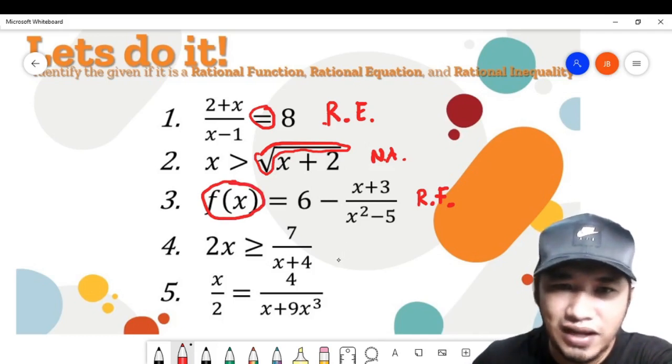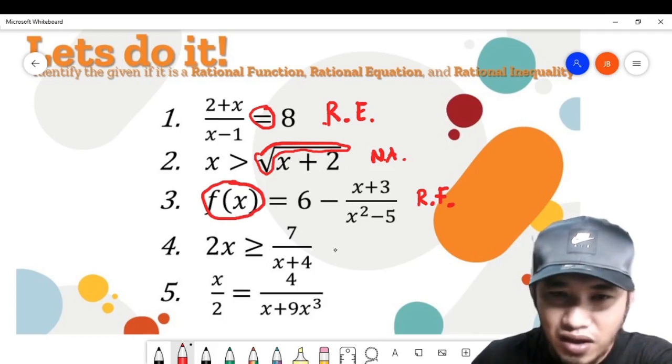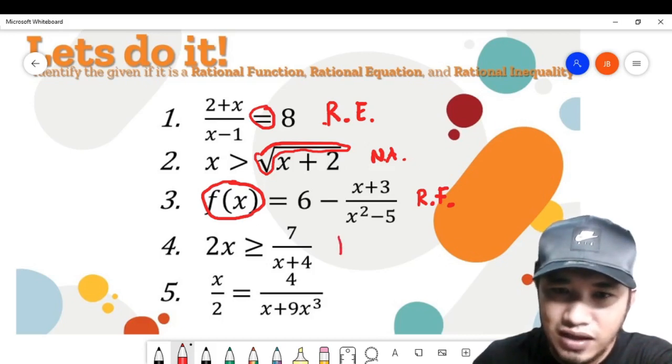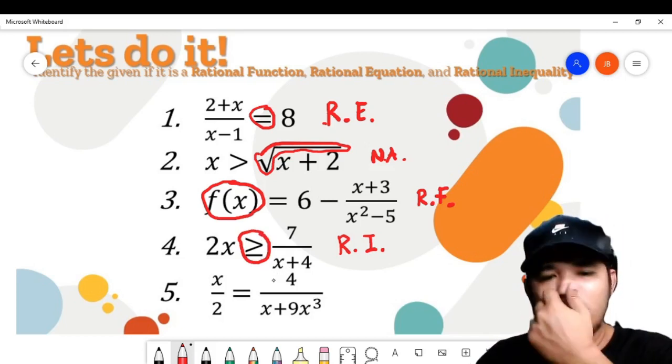Alright? So, dali lang, di ba? So, next. Number 4: 2x is greater than or equal to 7 all over x plus 4. That is a rational inequality. Okay? Because of the greater than or equal to sign.